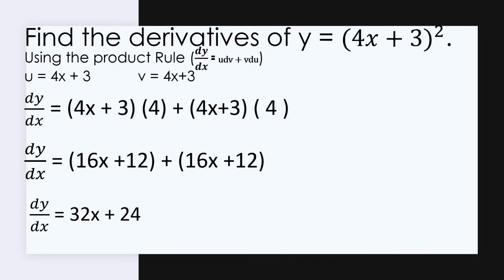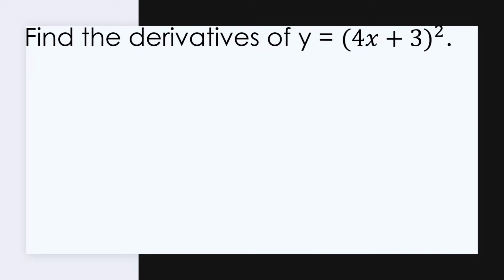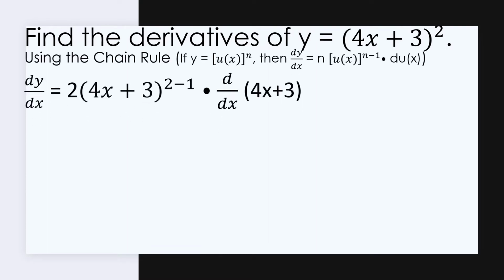What if you use the chain rule? Find the derivative of y equals 4x plus 3 raised to the power of 2. Using the chain rule, class, its definition, you have 2 times 1, you have 2 here. Okay, the normal derivative, minus 1. So 2 minus 1, right?